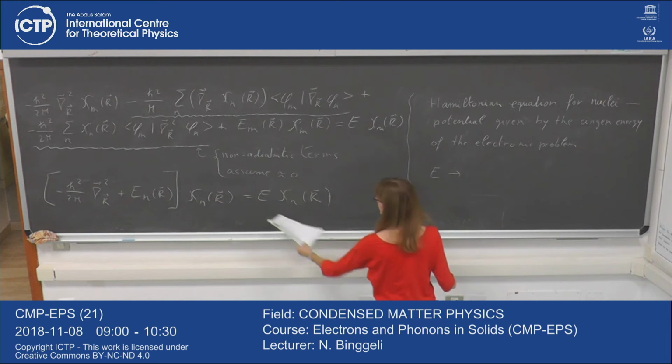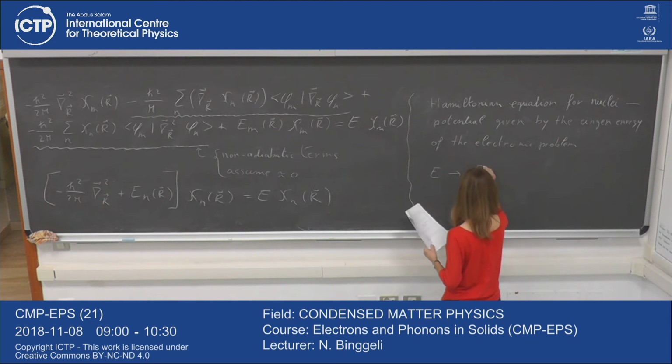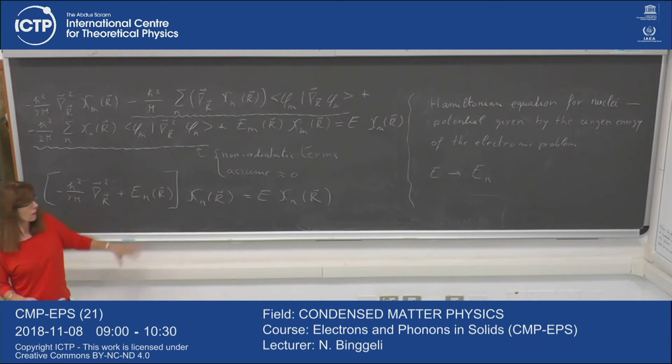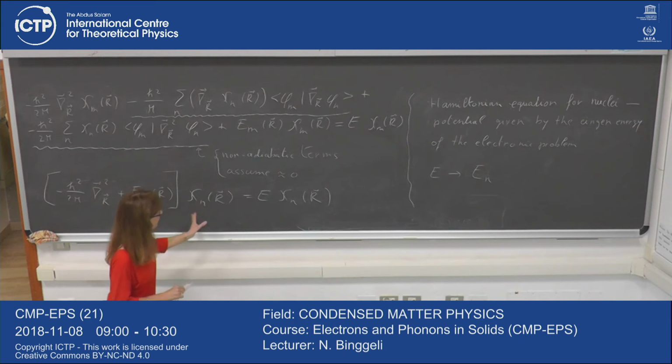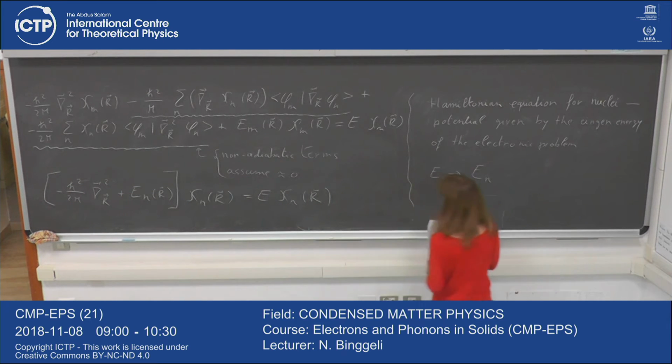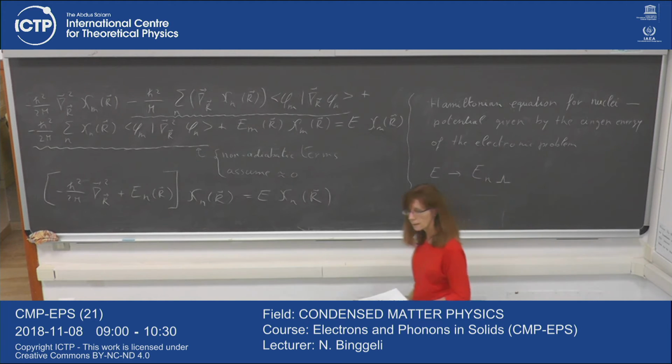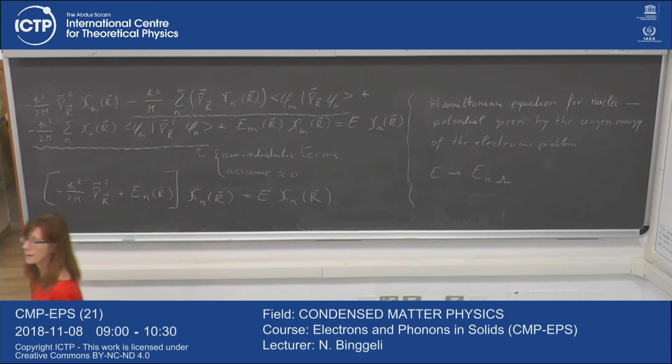So for each n, and in particular for the ground state of the electronic problem, let's say n equal to 0, one can solve this, and one has eigenvalues that can be labeled for the nucleus in eigenstates that I will call lambda equal 1, lambda equal 2.